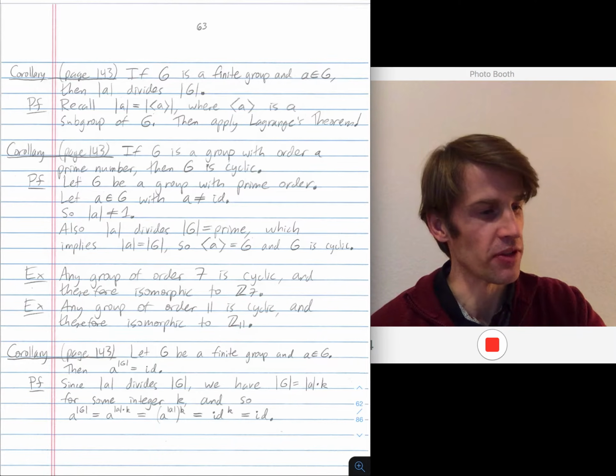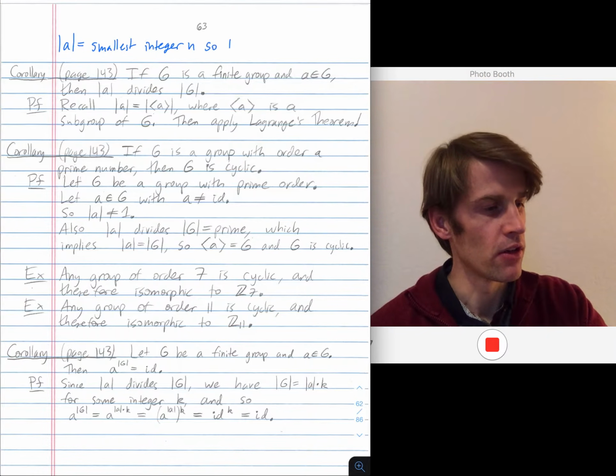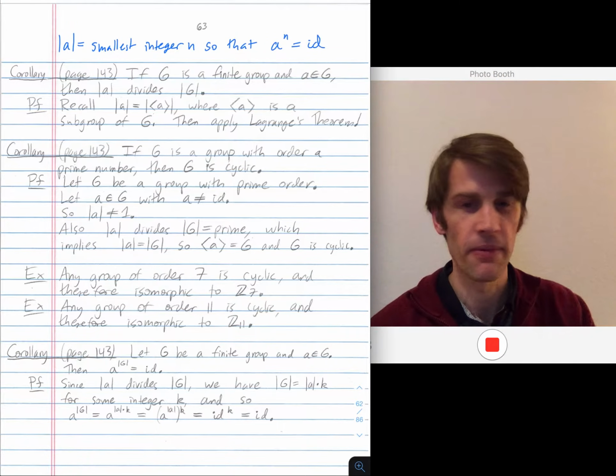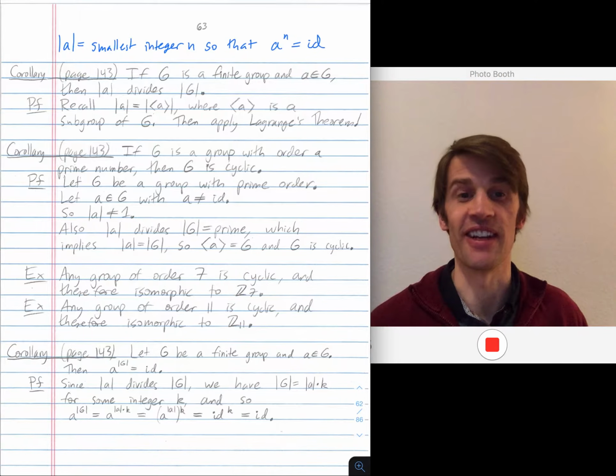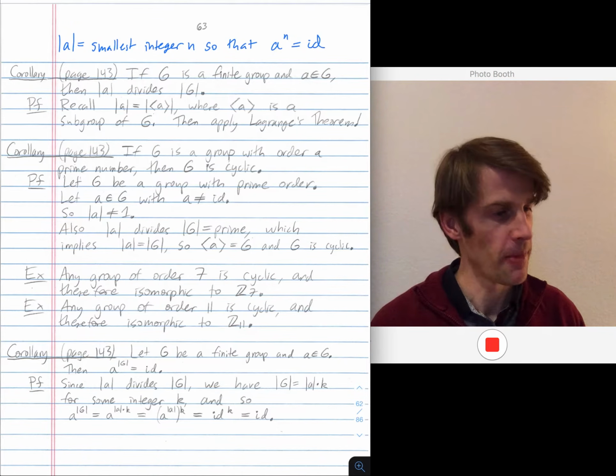So in symbols, the order of A is defined as the smallest integer n so that A to the power n is equal to the identity. Okay. And I guess we're looking at positive integers n.